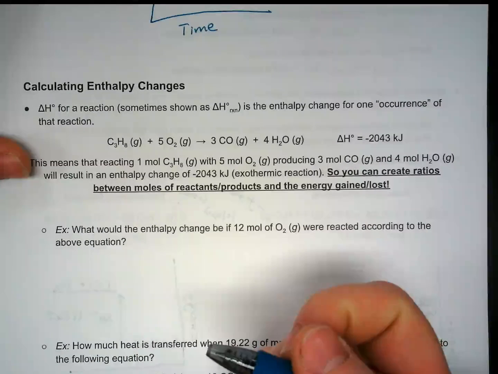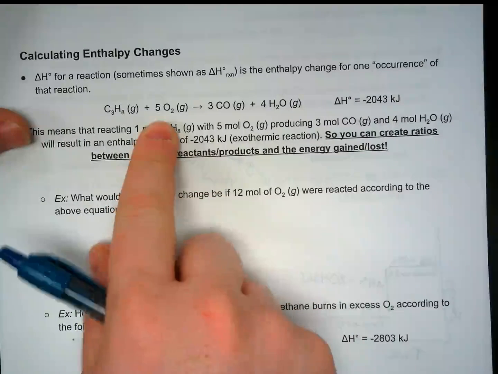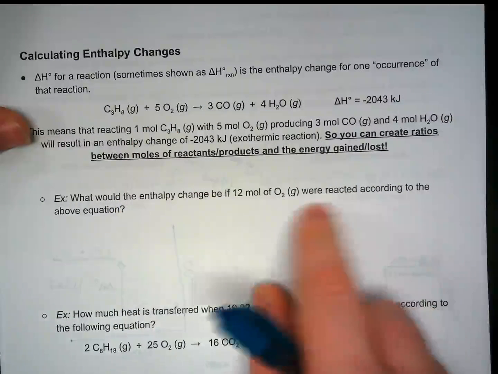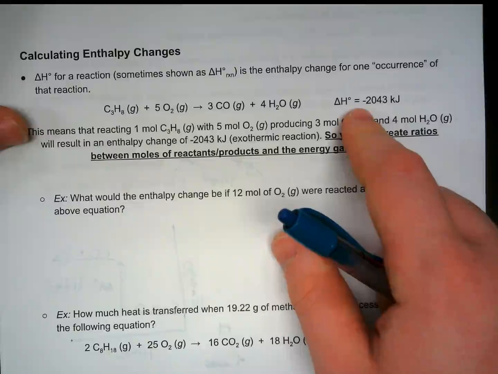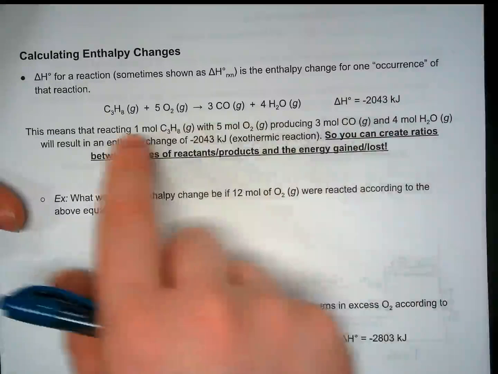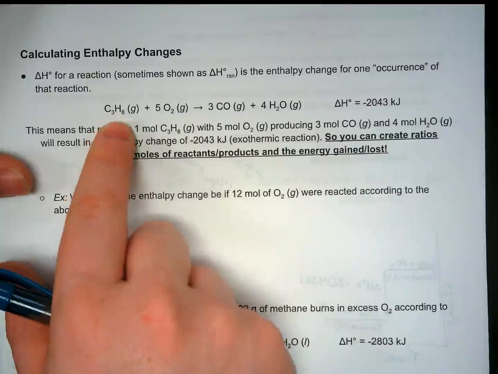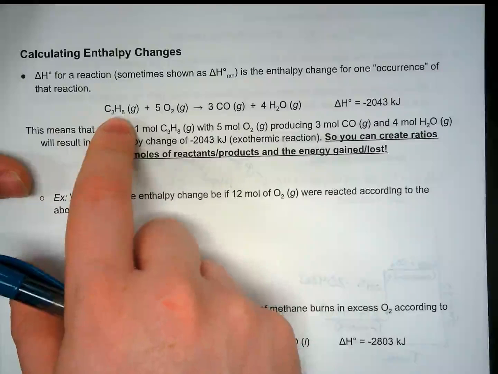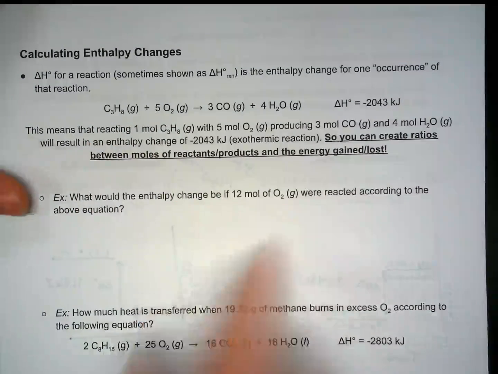Instead of 5 moles of O2, we have 12 moles of O2. How much more or less energy is going to be lost or gained? This assumes there'll be a proportional amount of butane that reacts with the 12 moles of oxygen.